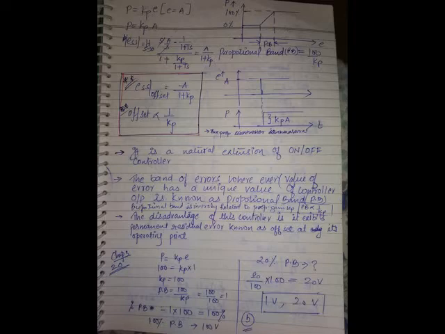So let E equal to sin omega t. It is 1 by Ti integral of sin omega t dt. This is 1 by omega Ti into minus cos omega t.